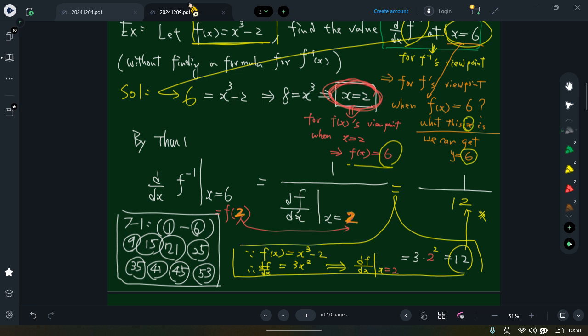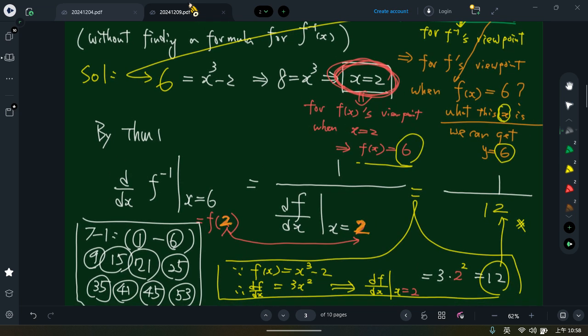So you need to get familiar with Theorem 1, because we will frequently use it to get the derivative of some inverse function.